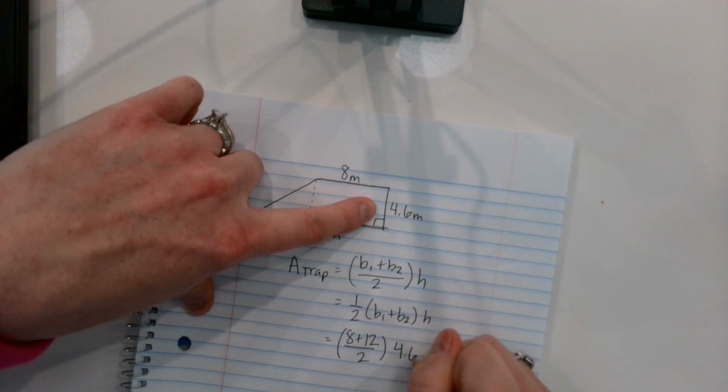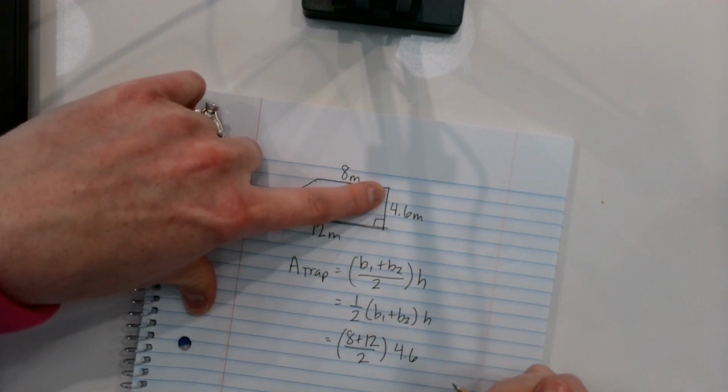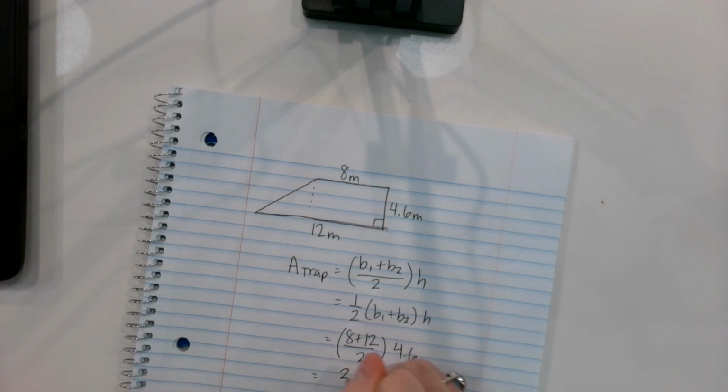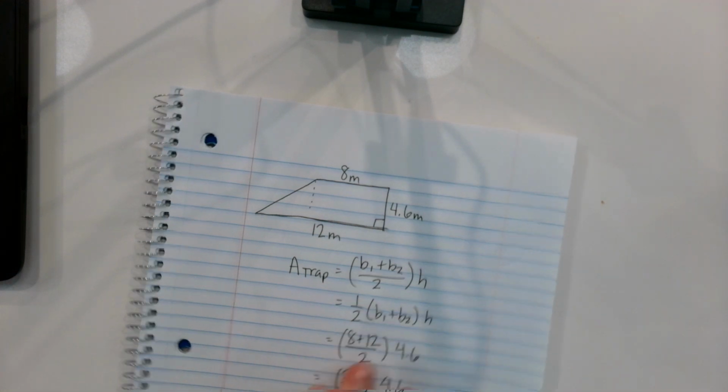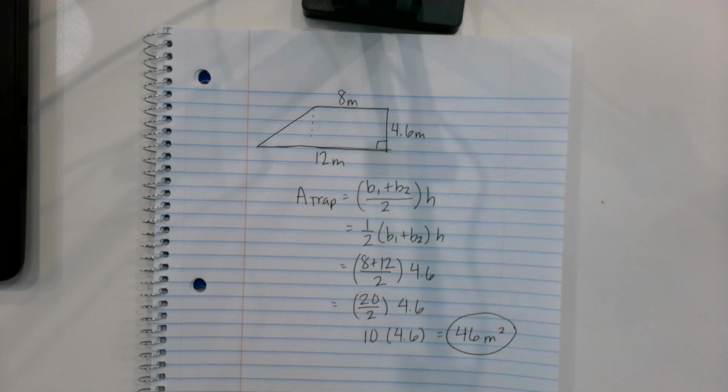I'm looking for that right angle that connects my two bases. So 20 divided by 2 times 4.6. 10 times 4.6 is simply 46 meters squared. Making sure you have your units.